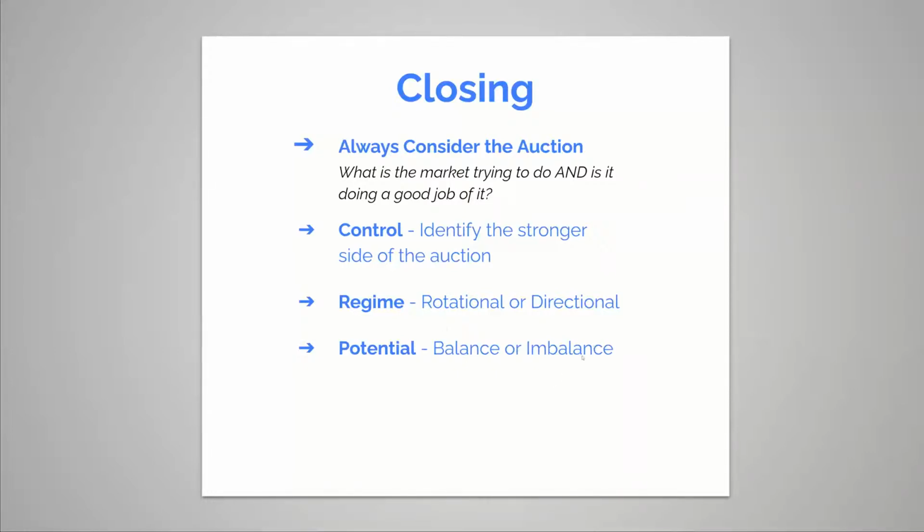And then I like to leave these control, this regime potential again, because that's a good way to think of it. You're looking at these profiles, trying to identify the stronger side of the auction, then always be thinking, is the market directional? Was it directional yesterday? Was it directional overnight? And then as the day begins, is it rotational or directional? And is it developing? Constantly trying to keep that in mind. And then balance and imbalance.